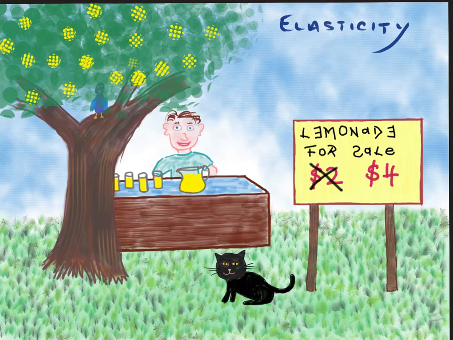But the one that we are often most interested in is called the price elasticity of demand, which is how sensitive consumers are to a change in price. Okay, and so I'm going to talk about our formal definition, some of the implications of a high elasticity or a low elasticity, as well as some of the things that will determine how elastic demand is.